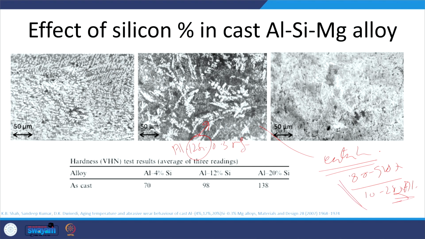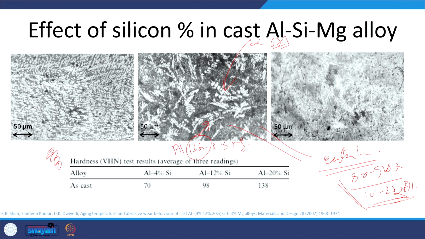The dark one is the eutectic matrix and the light color is the alpha aluminum. This alpha aluminum again is of very fine dendritic structure, having very small dendritic arm spacing, and this is happening due to the very high cooling rate offered by the metallic die that was used for the development of these castings.